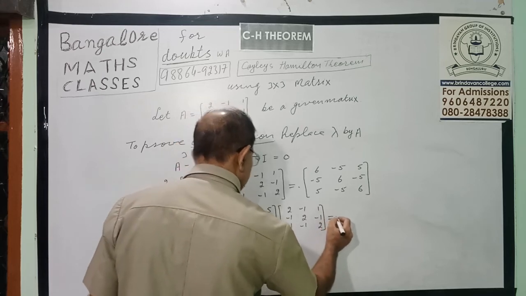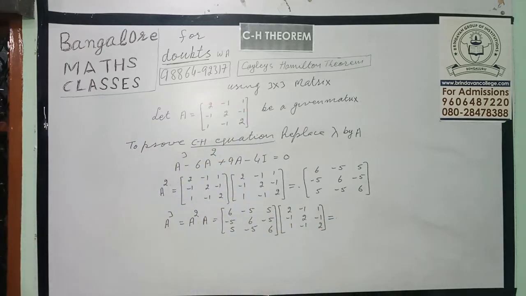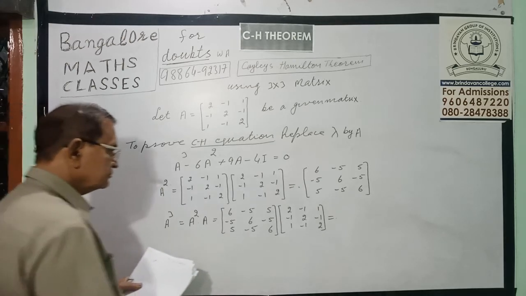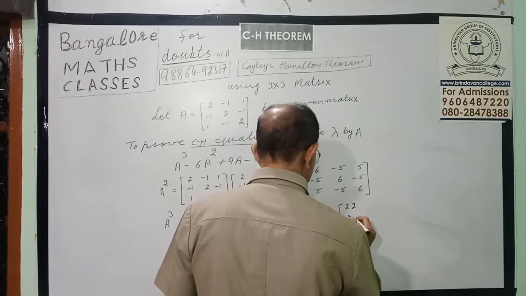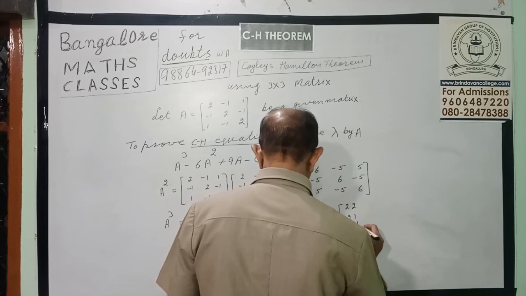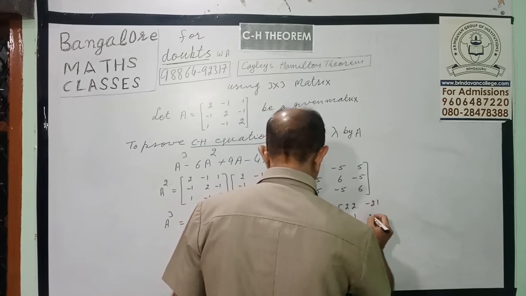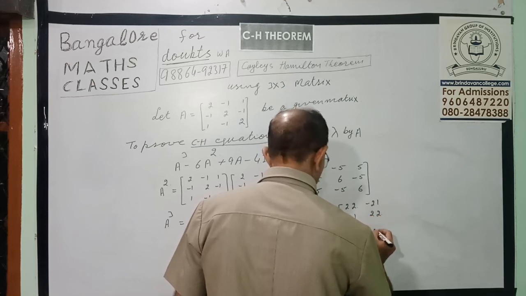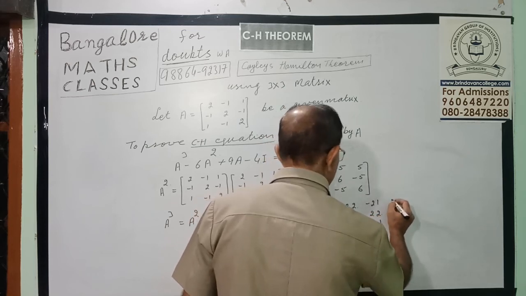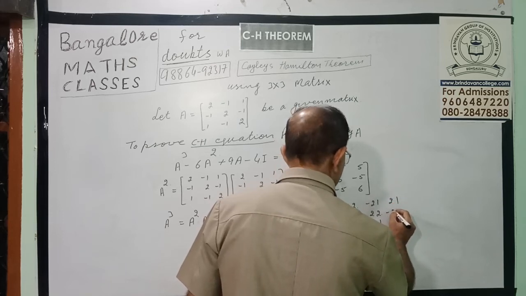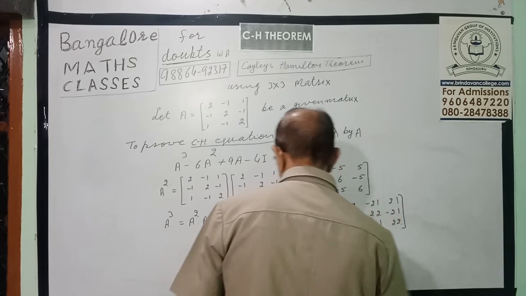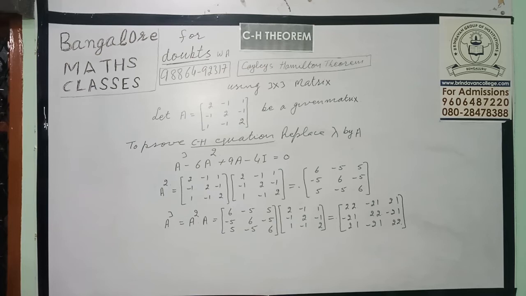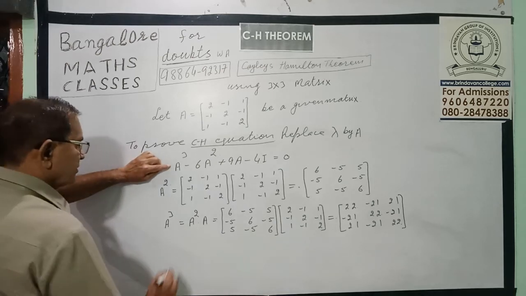So by multiplying, we will get A cube, which will come out to be 22 minus 21 21, minus 21 22 minus 21, 21 minus 21 22. So put these values over here.